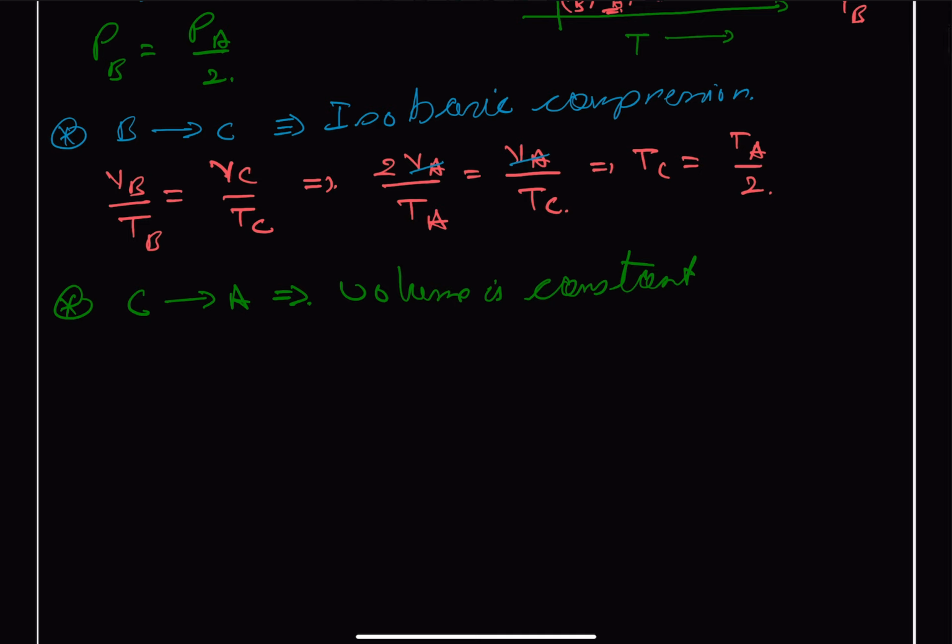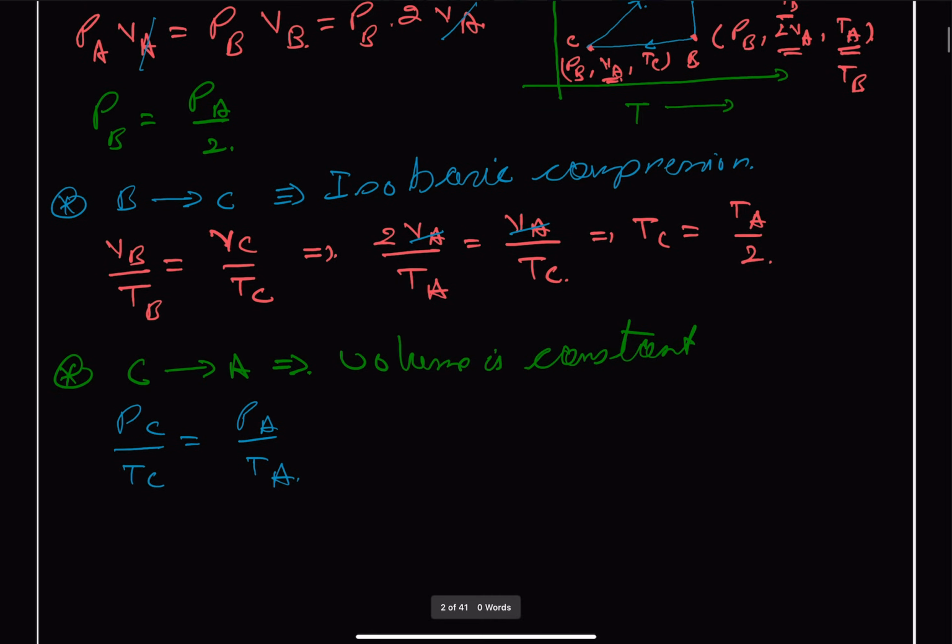Therefore, we can write that PC upon TC is equal to PA upon TA, and our PC is nothing but equal to PB.